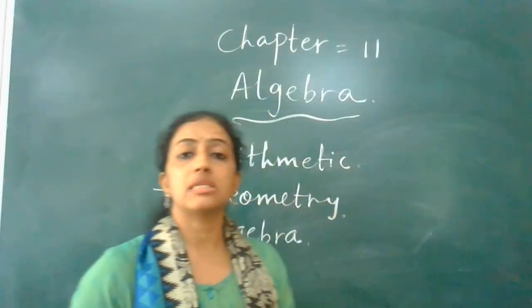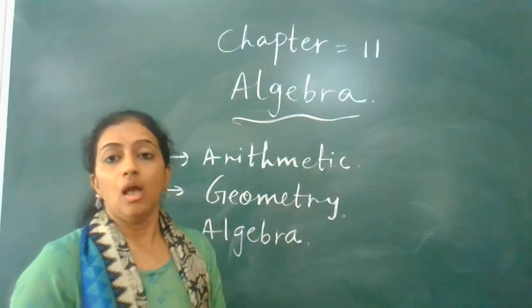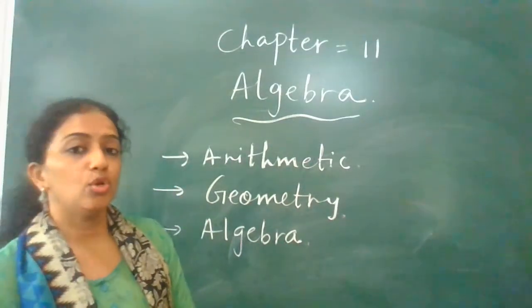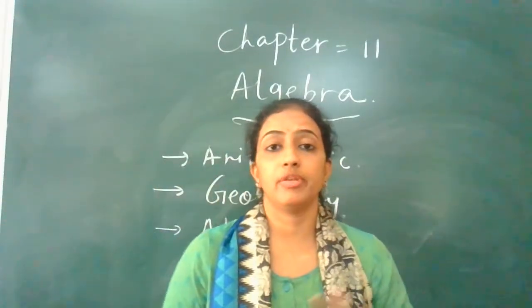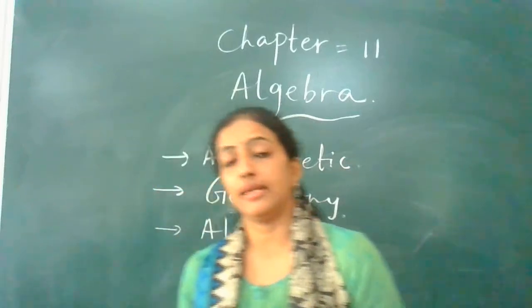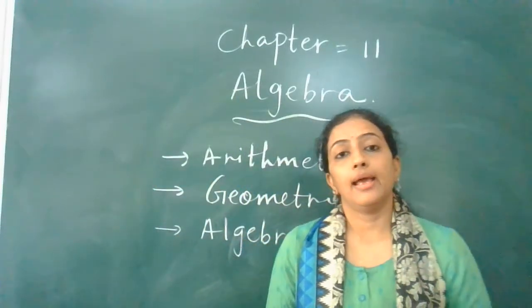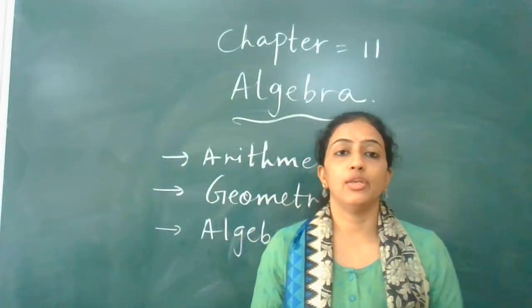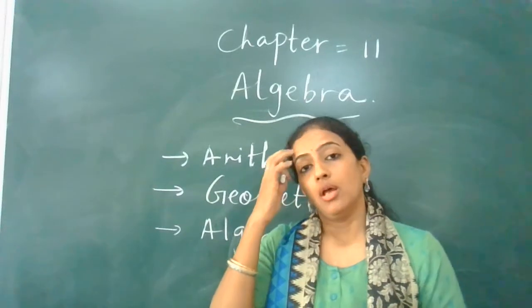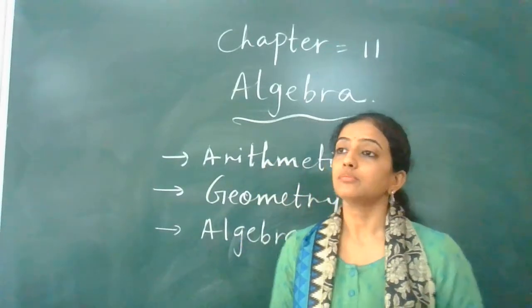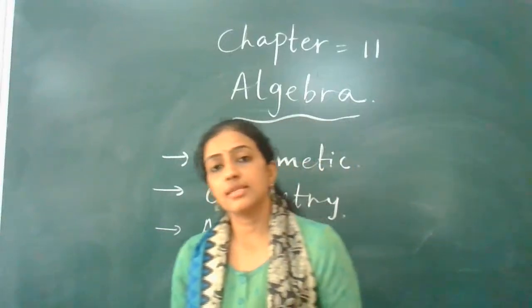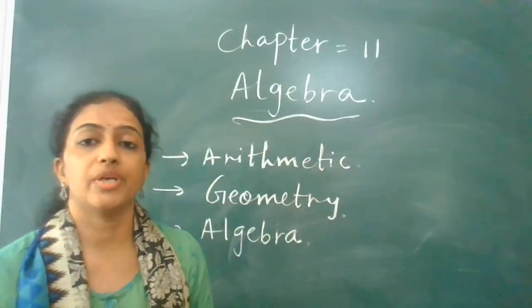Now letters means small letters, alphabets. So for unknown values we'll be using letters, alphabets, and we'll find out the value of the unknown numbers.